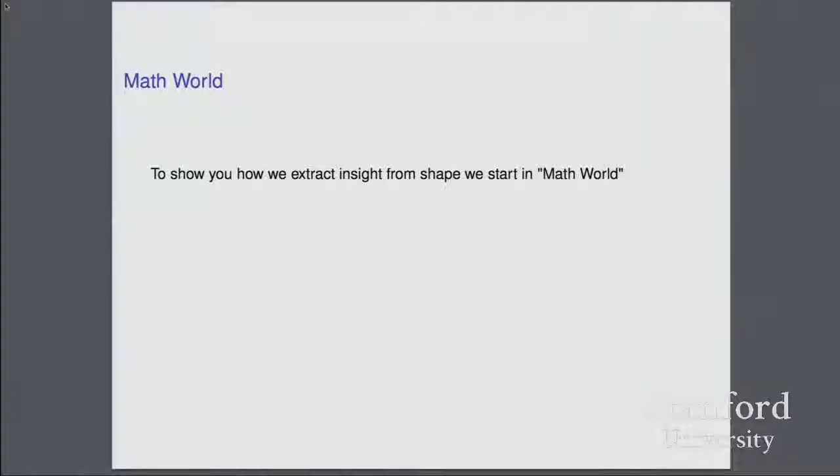Okay, so I'm going to step into the TDA in a couple of steps. First, I'm going to start in math world, so we're not in data world yet. What do I mean by math world? I'm going to draw the data as a smooth manifold, just a smooth shape.